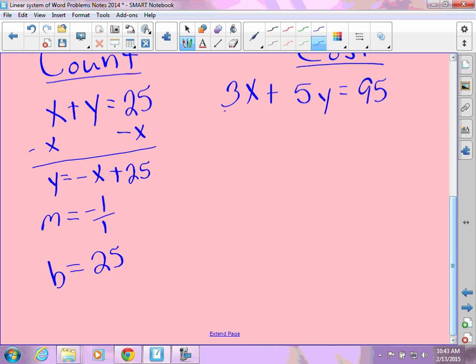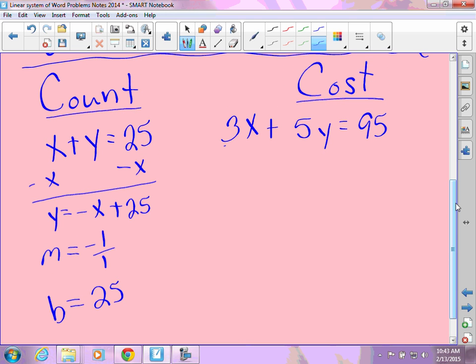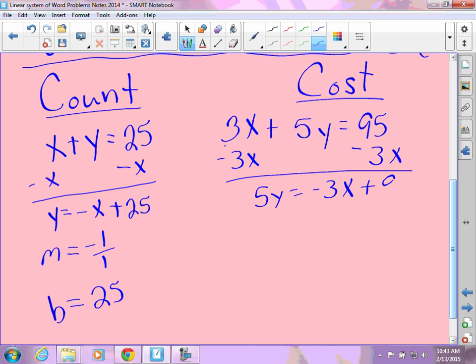My other equation, subtract 3x, 5y equals negative 3x plus 95. Divide by 5, absolutely. Y gives me negative 3/5 x plus 19. Right. That looks kind of messy, doesn't it?